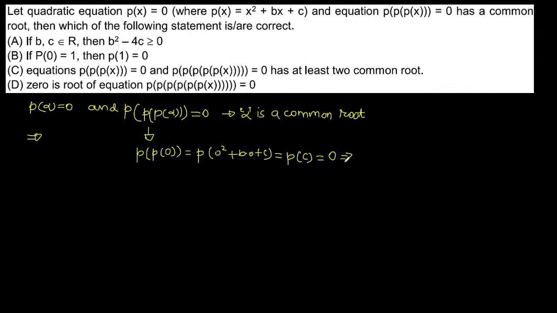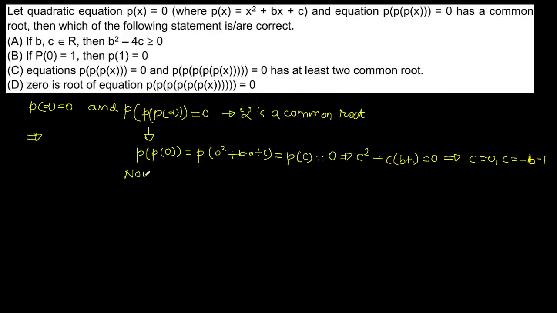And c square plus cb plus c is 0, which implies c equal to 0, or c equal to minus b minus 1.